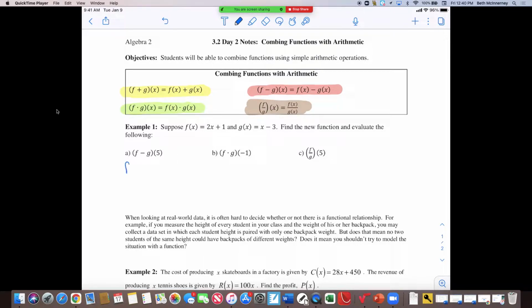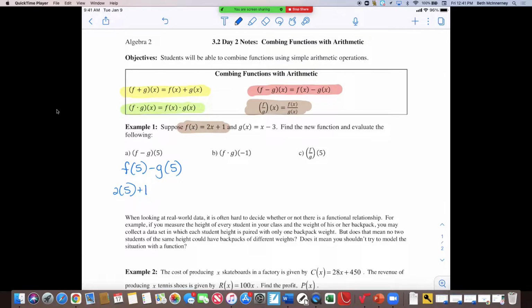This just means f of 5 minus g of 5. I believe you did function notation in Algebra 1, correct? Is this coming back to you, the f of x, a little bit? So f of 5 means I go to the f function and I replace x with a 5. So that's 2 times 5 plus 1.